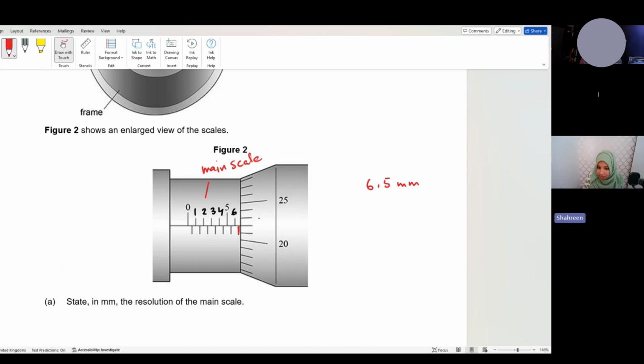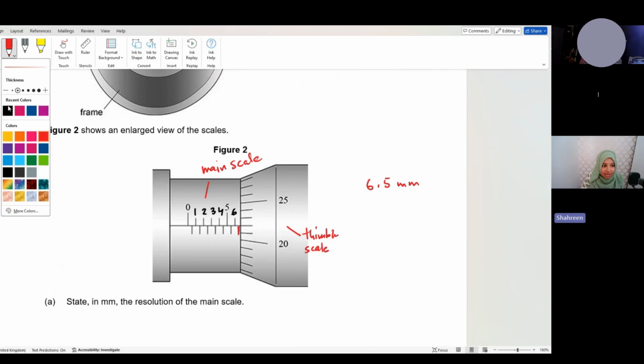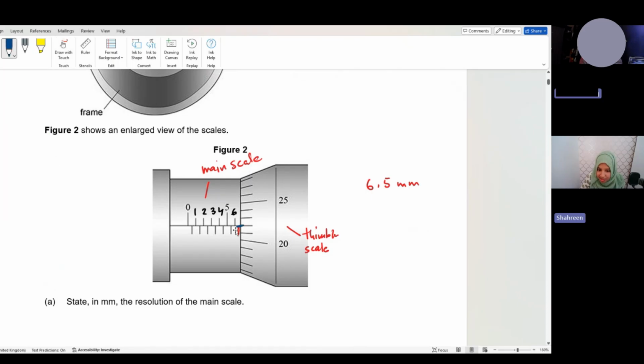There are different names for it, but for now I'm just calling it the thimble scale. So now we're going to look at which marking lines up with the zero line. What is this marking? This one is 20, this one is 21, this one would be 22, right? So that's basically 0.22.